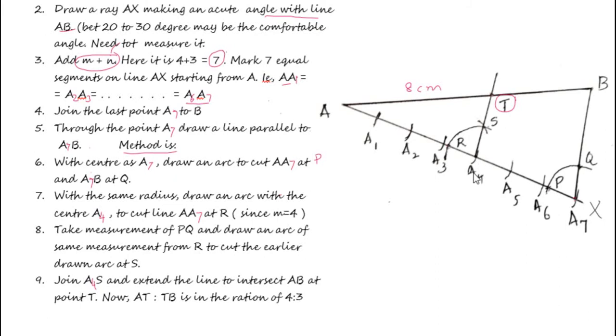Now join A4S, extend this line to cut the line AB at T. Now AT colon TB, this is 4:3. You have already divided the line in the given ratio. This is how you divide a line when the length and ratio is given.